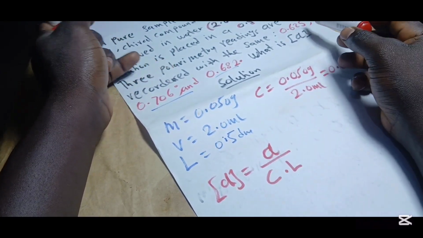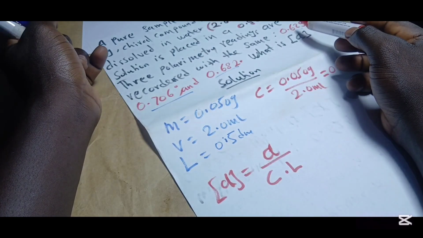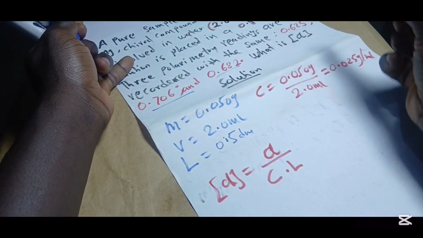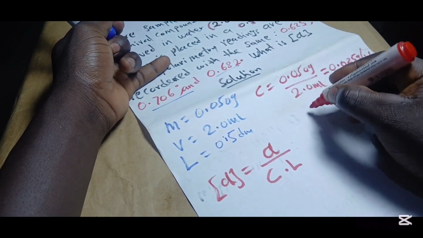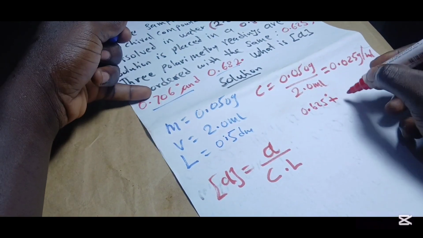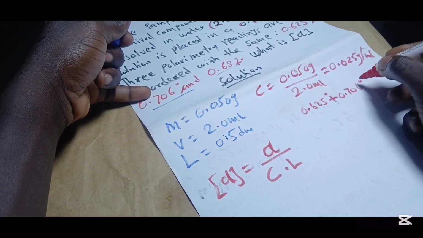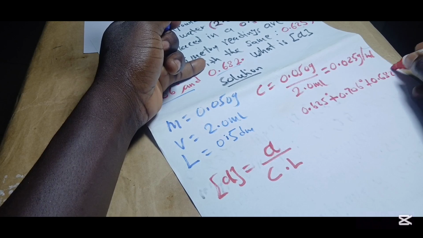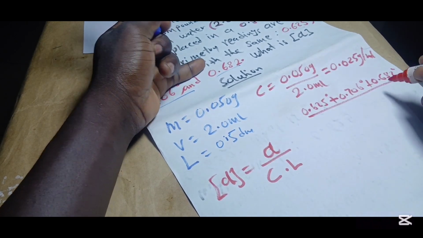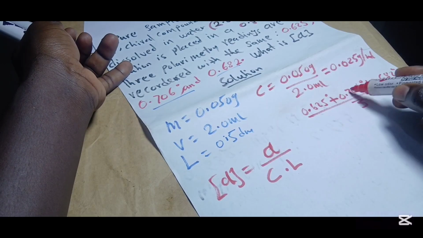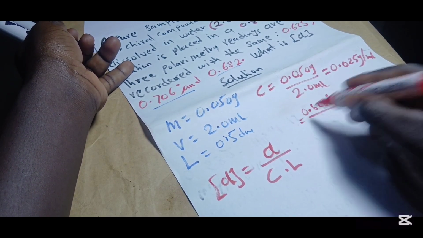Since this experiment was performed 3 times, we find the average of these observed rotations. So it's going to be 0.625 degrees plus 0.706 degrees plus 0.682 degrees, divided by 3.